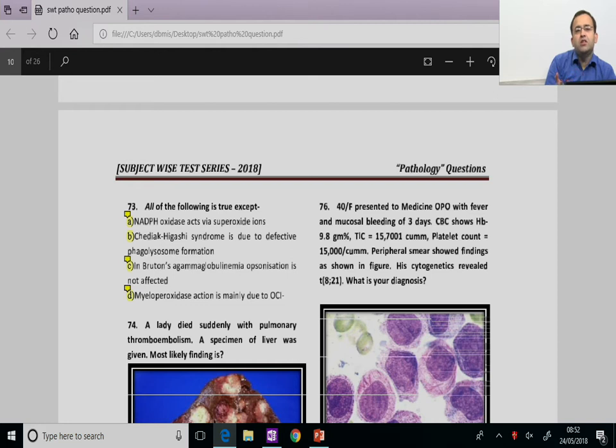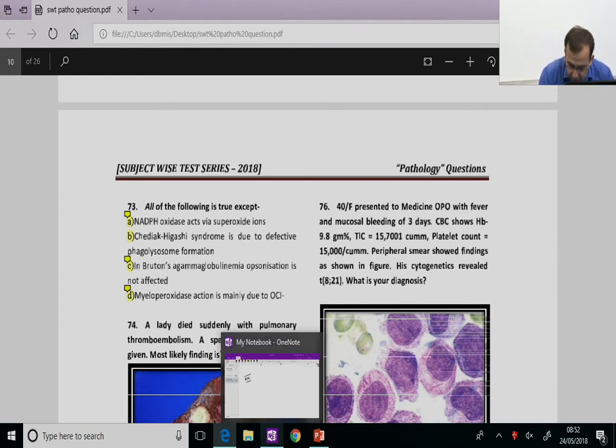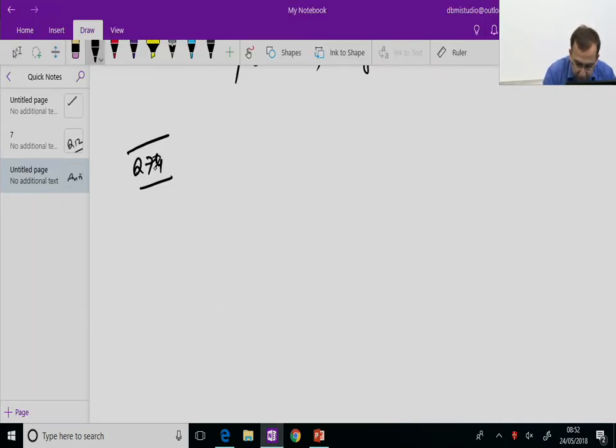The main defect in Chediak-Higashi is defective phagolysosome, as a result of which it has giant granules and neutropenia. Third, in Bruton's agammaglobulinemia, opsonization is not affected. This is false. It is affected. Next, MPO action is mainly due to hypochlorous anion. Fair enough.